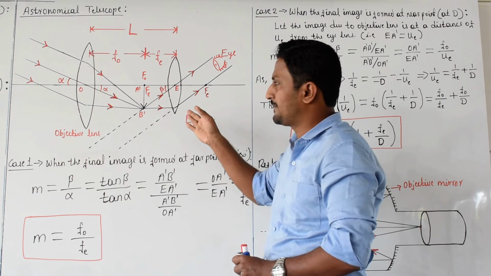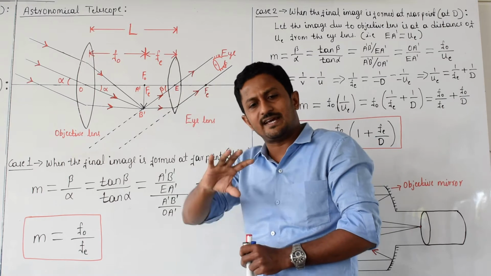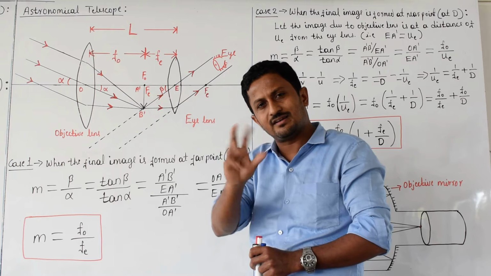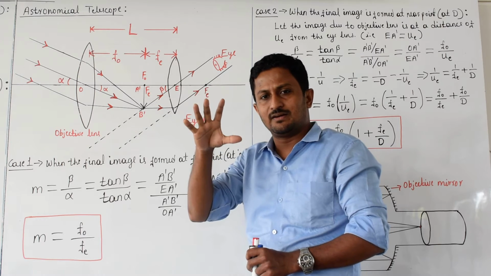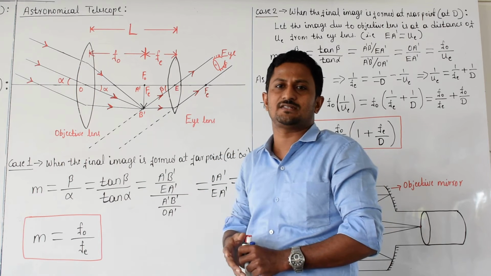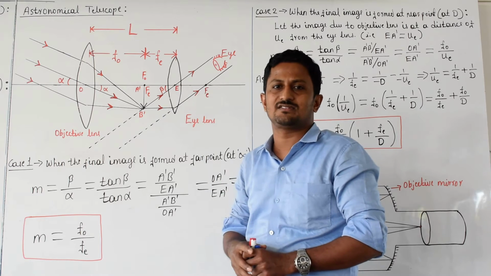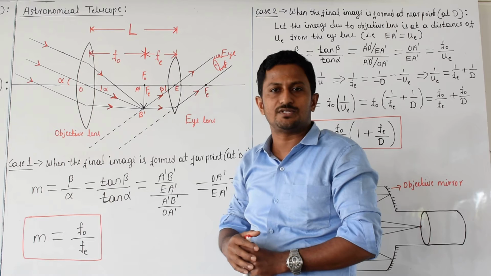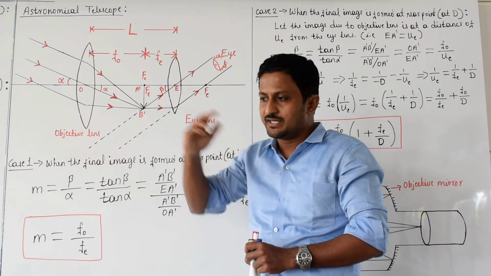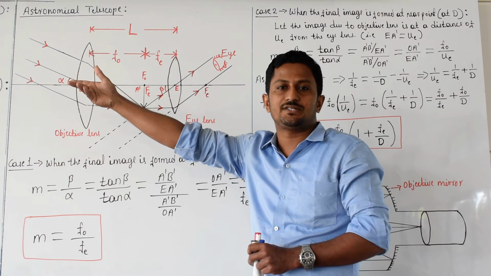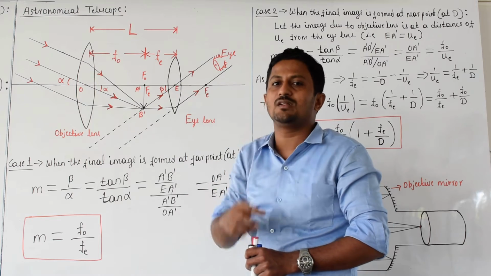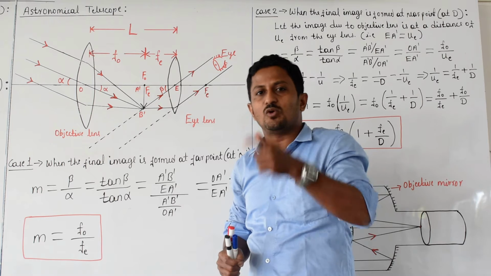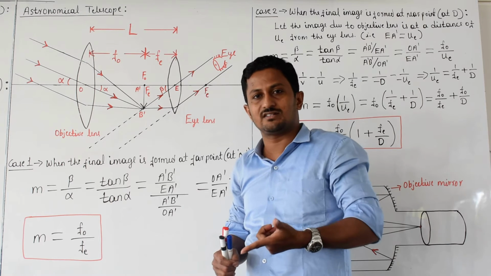Okay, but here in this telescope it is exactly reversed. The greater aperture lens, I mean the big lens, is facing the distant object. The big lens is towards the object, and through the small lens, the small aperture lens, we are viewing.